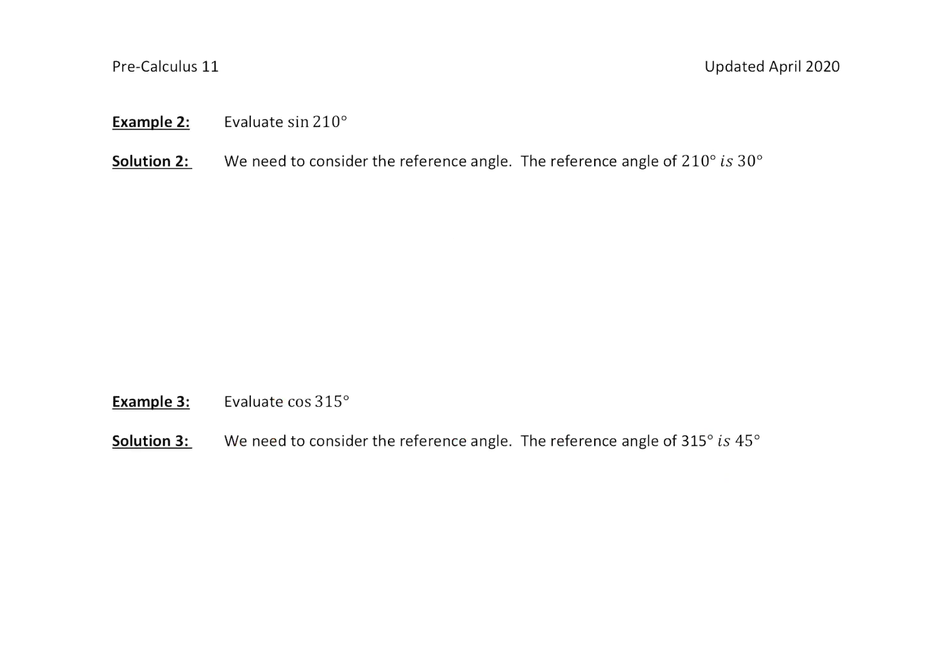So, here we go. Evaluate sine of 210, and this isn't just like, oh, throw 210 into your calculator. I want an exact answer. So, think about where 210 is located first. Okay? 210 degrees is here-ish. And that's 180, right? And then that angle there is going to be 30 degrees.